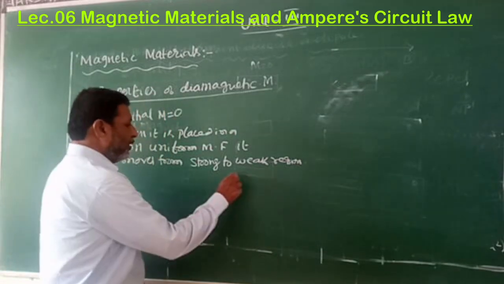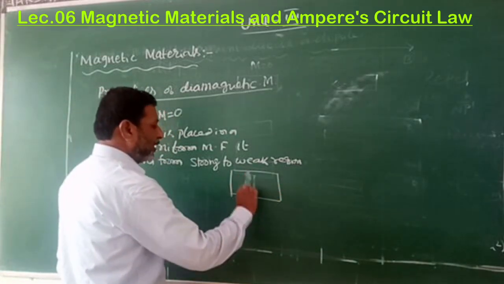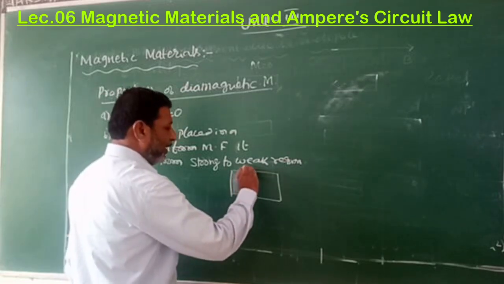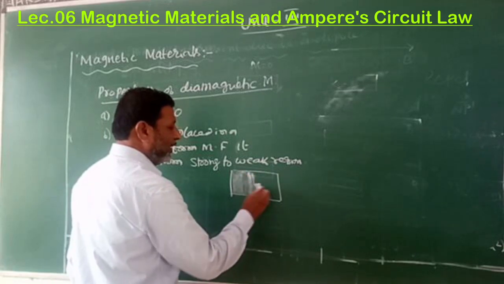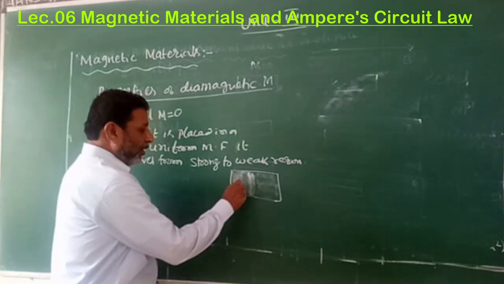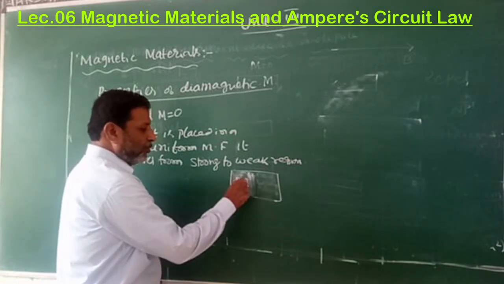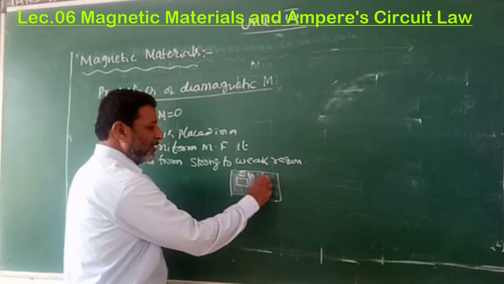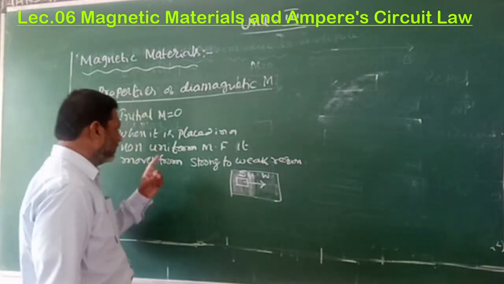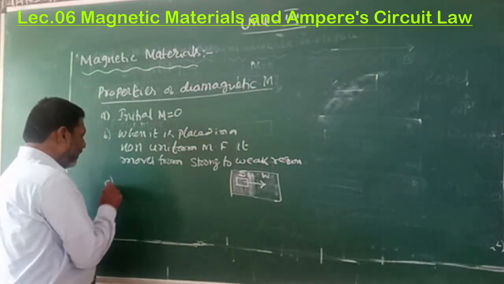Here I have represented the strong region as thick, and this is weak. When you place the diamagnetic material here, it moves from strong to weak. This is the second property.